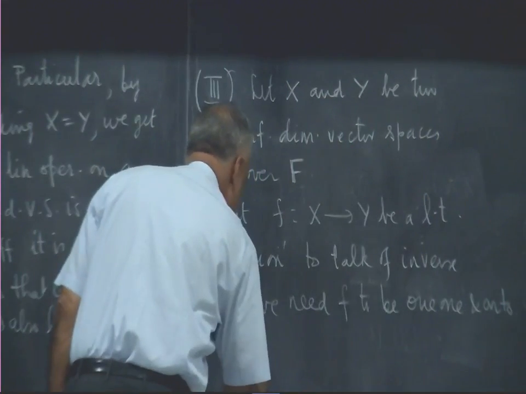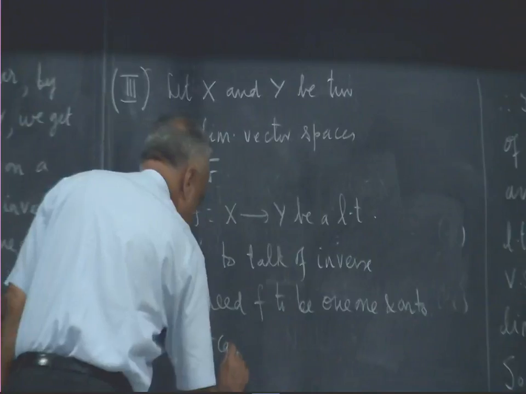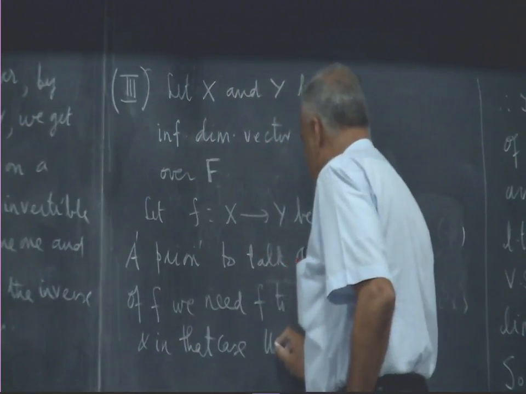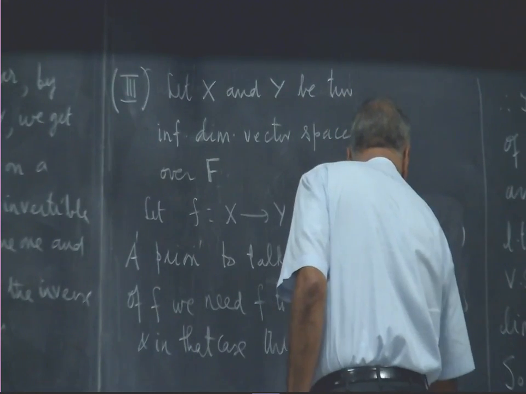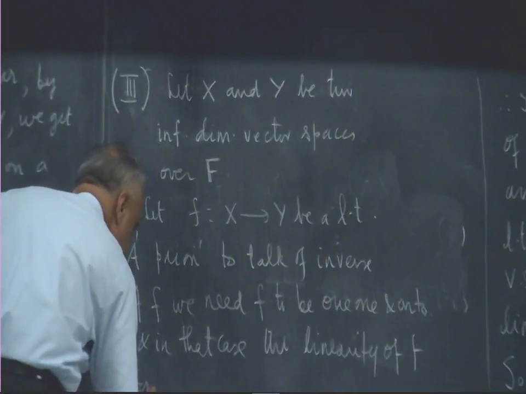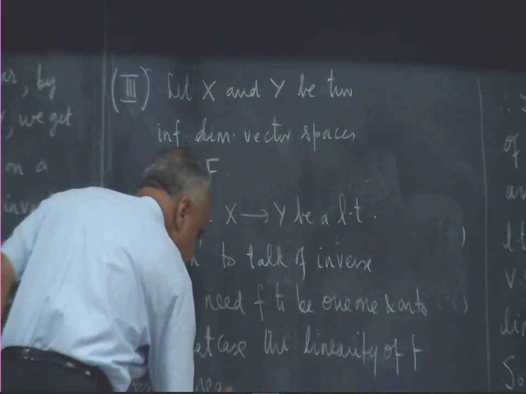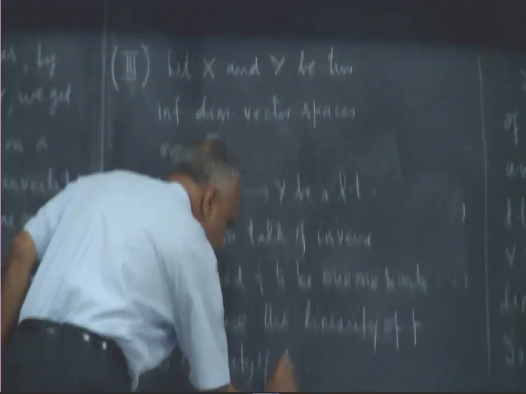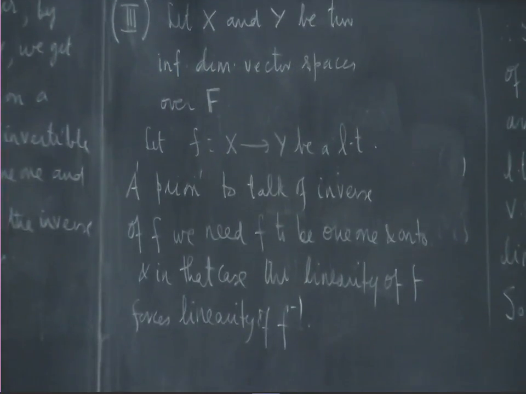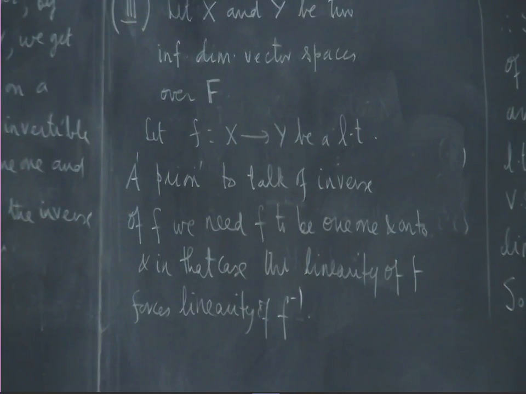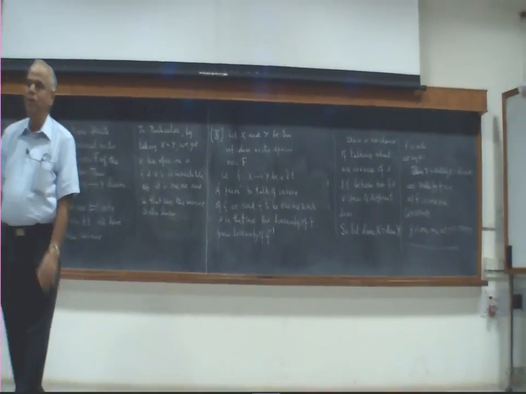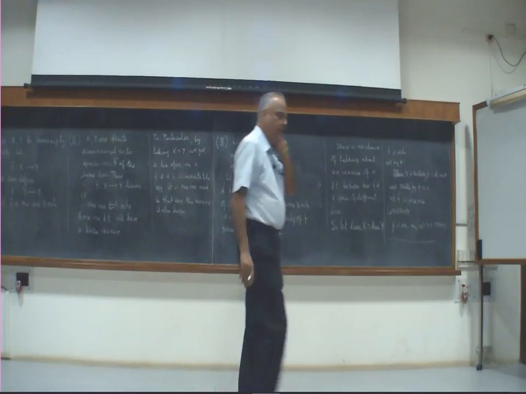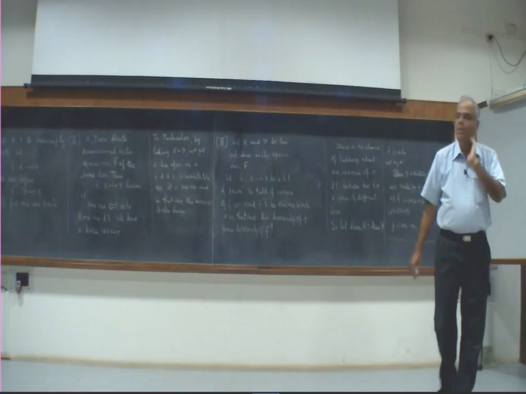And in that case, the linearity of F, again and again I will write it, forces linearity of F inverse. So if you have two infinite dimensional vector spaces and a 1-1 onto map, then the inverse automatically comes through, and I don't even have to check, it will always be linear. That is forced. The linearity of F forces the inverse transformation also to be linear.